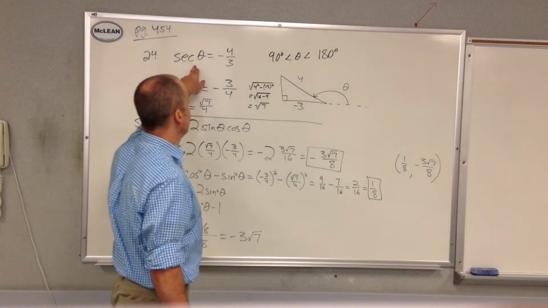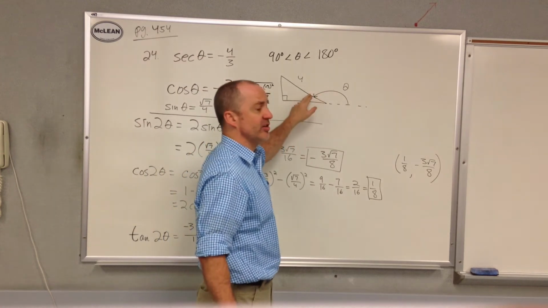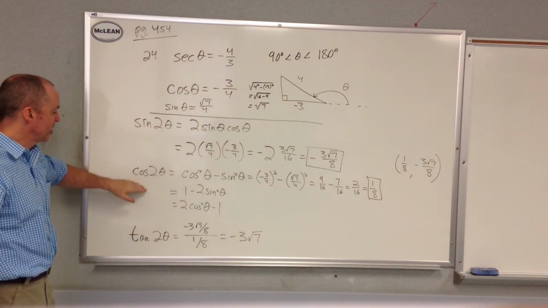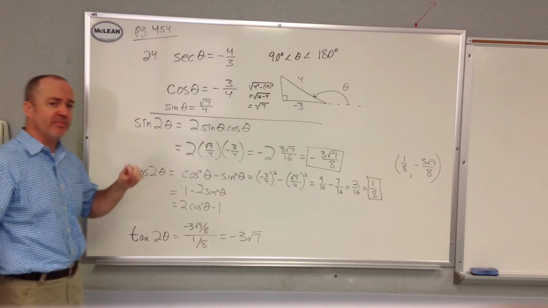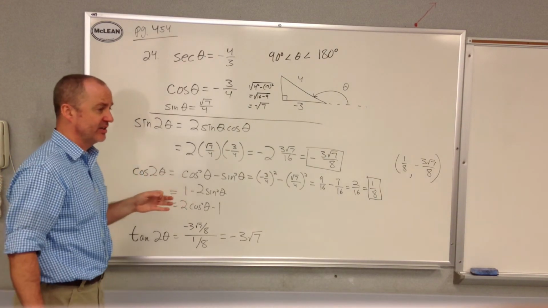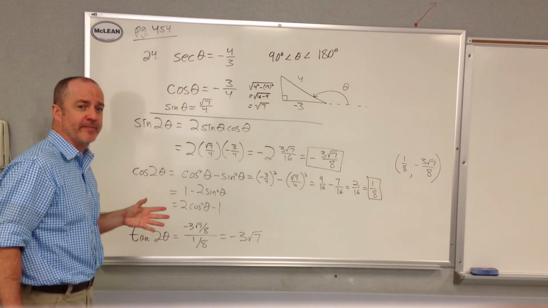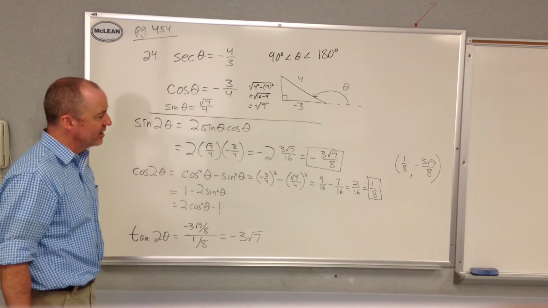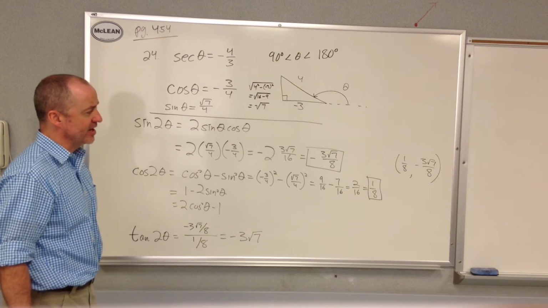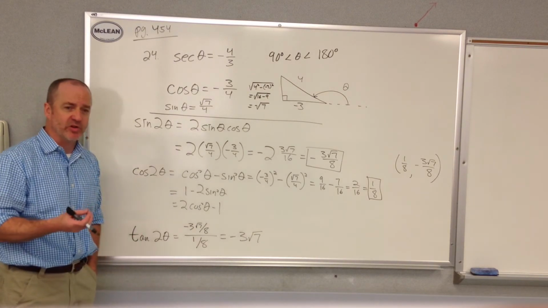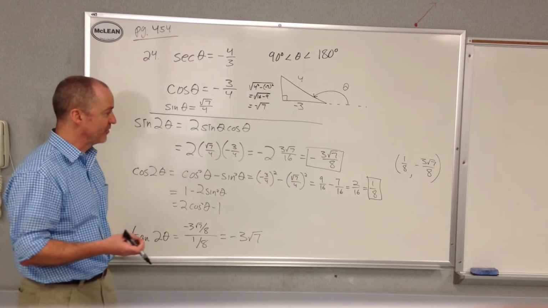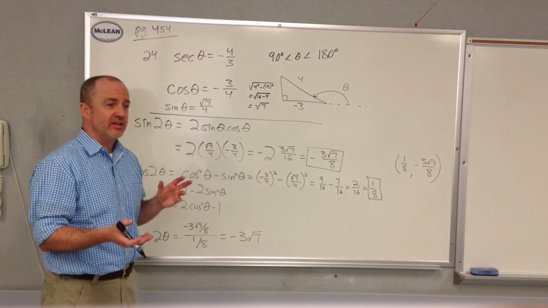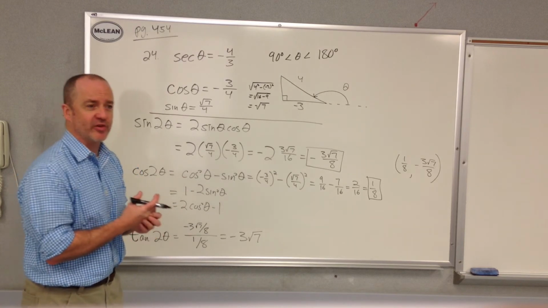All I know is the secant originally of some angle in quadrant 2, and just from that information I can find the sine, cosine, and tangent of double whatever that unknown angle is without ever finding out that angle. You guys can imagine how powerful this was for solving engineering and other mechanical problems in the pre-calculator days, when you couldn't just pull up a calculator, or if you go back far enough, even a table of inverse sines.